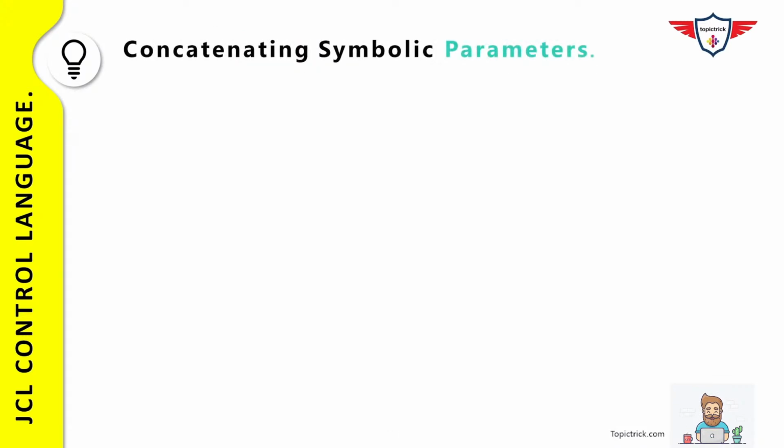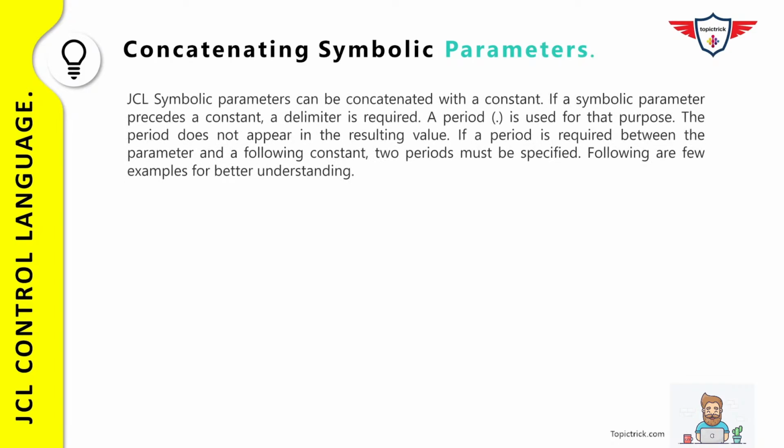Now let's focus on how to concatenate symbolic parameters with constant values or with any other symbolic parameters, and how you can use this symbolic parameter concatenation to generate various DD statements or EXEC statements in your catalog or instream procedures. As you know, symbolic parameters can be concatenated with any other symbolic parameter, constant, or text.